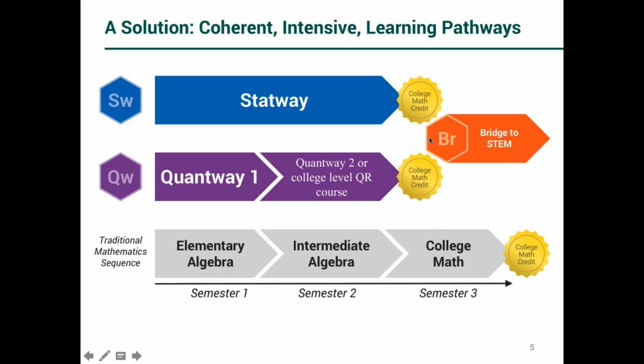I want to just highlight here the orange bar. The orange bar represents our new bridge courseware. This is a STEM bridge, and these course materials were designed by a consortium of institutions within our network, and what they did is they investigated what the prerequisite algebraic skills and understandings are for students entering into pre-calculus across the United States.